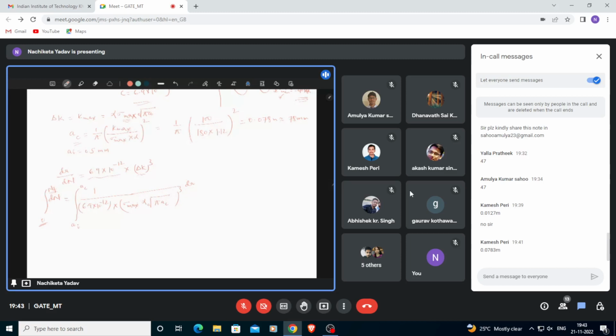So now can you find it out? Sigma max is given as 180 megapascal, and this AC we know, and alpha is 1.12.